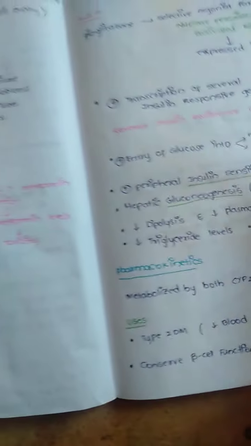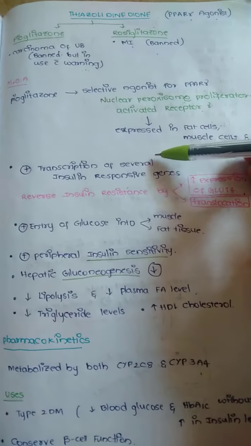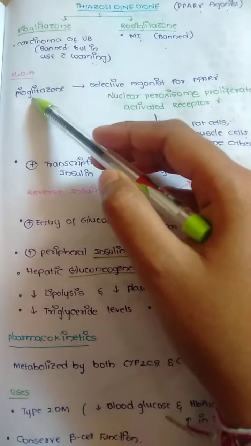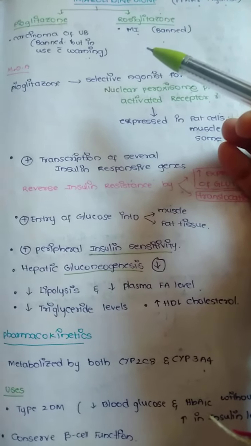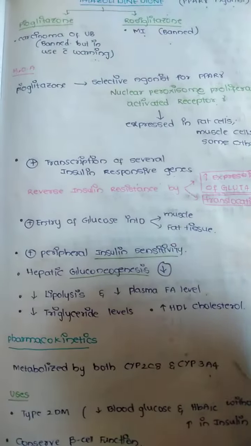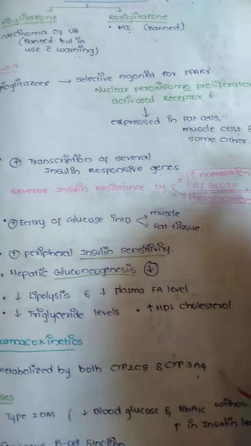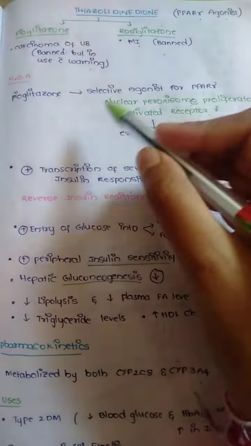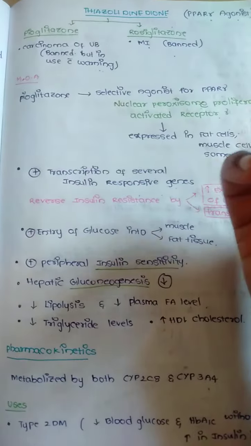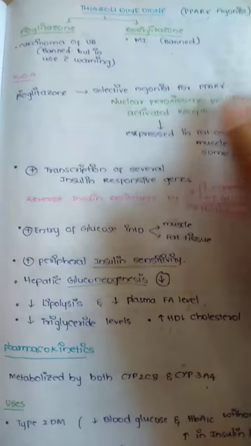The other thing we have to discuss here is that for pioglitazone action also, we need some amount of insulin in our body. In type 1 diabetes mellitus, it is not used.